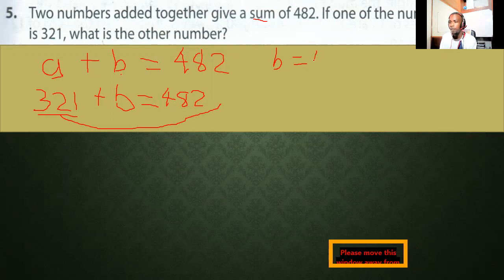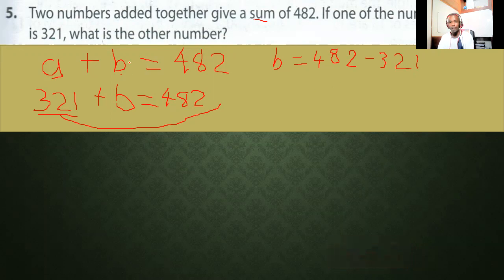Do you see? It's going to cross the equal sign and come here, right? And we say 482 minus 321. Do you see? 321 is a positive number. It doesn't have a negative. But when it crosses the equal sign, we put a negative behind it. That's what you must know. If a number is positive, it crosses the equal sign, it becomes negative.